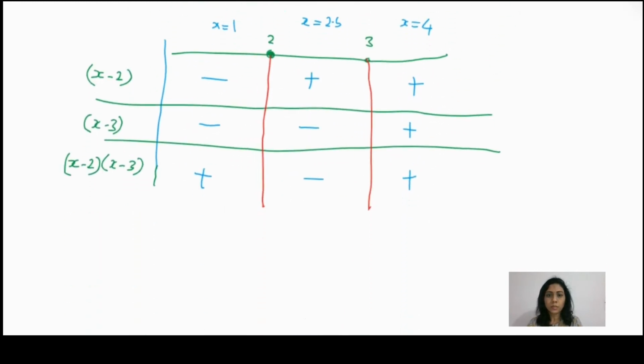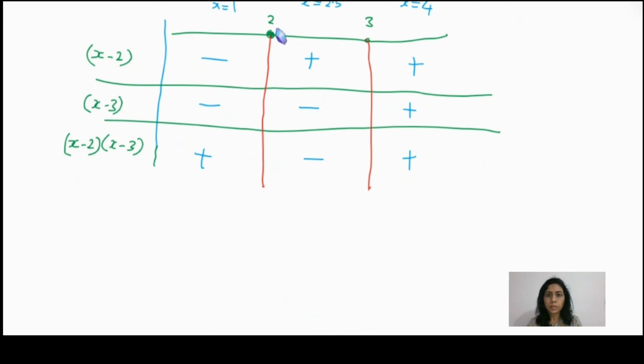So what is our answer? This one, 2 to 3. So our answer is 2 to 3, and here 2 and 3 are included. Why? Because of the equal to sign, less than or equal to. So here 2 and 3 are included.